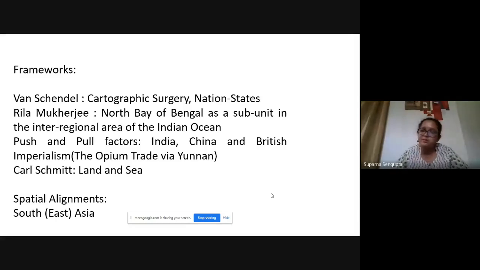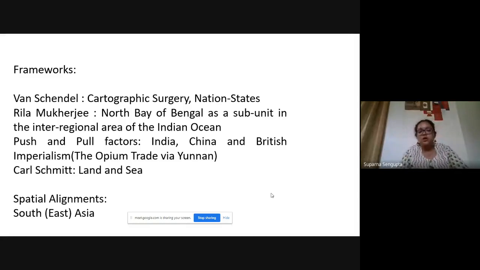She talks about this before colonialism, but here I include even British imperialism, how through the Indian empire and that of China, especially through the opium trade via Yunnan, had been a very important influence in this particular region.